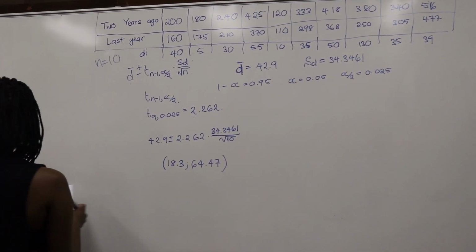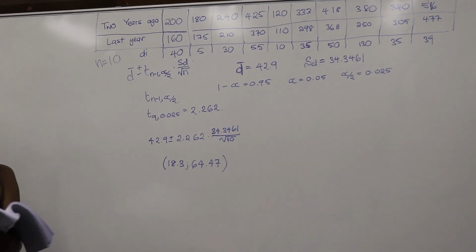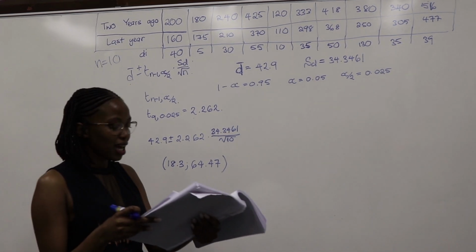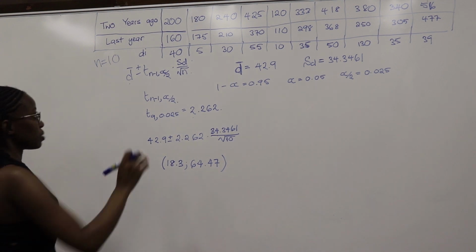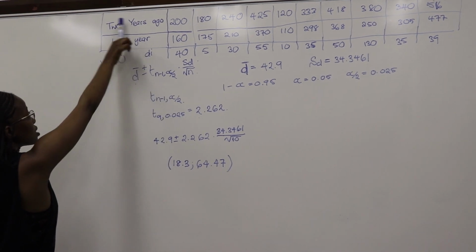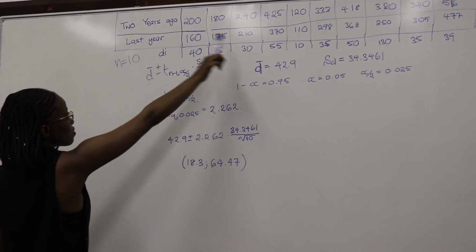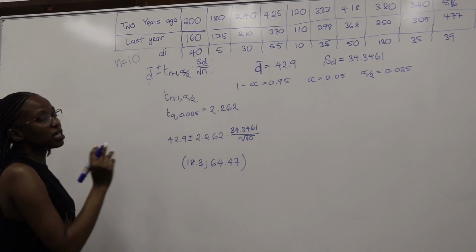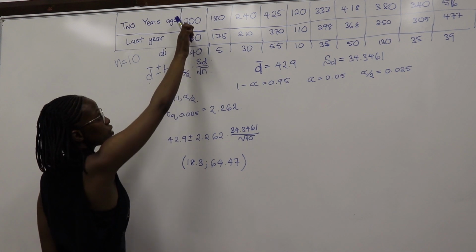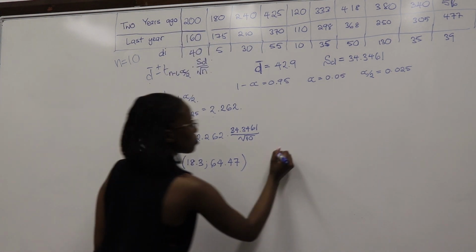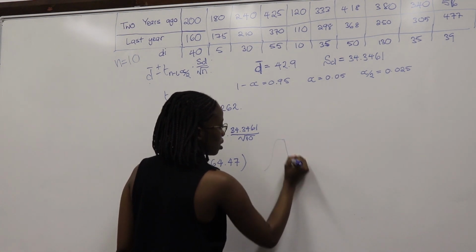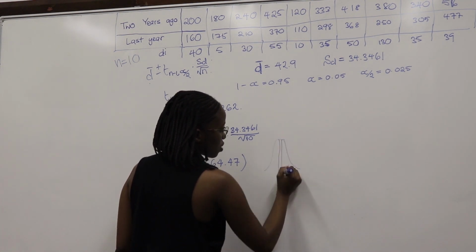The question says comment on the confidence interval obtained. This is what we did when we began: we said these values minus these values to give us this, which means what we're comparing is mu from here to mu from here. Since that is positive, everything would be on this side.